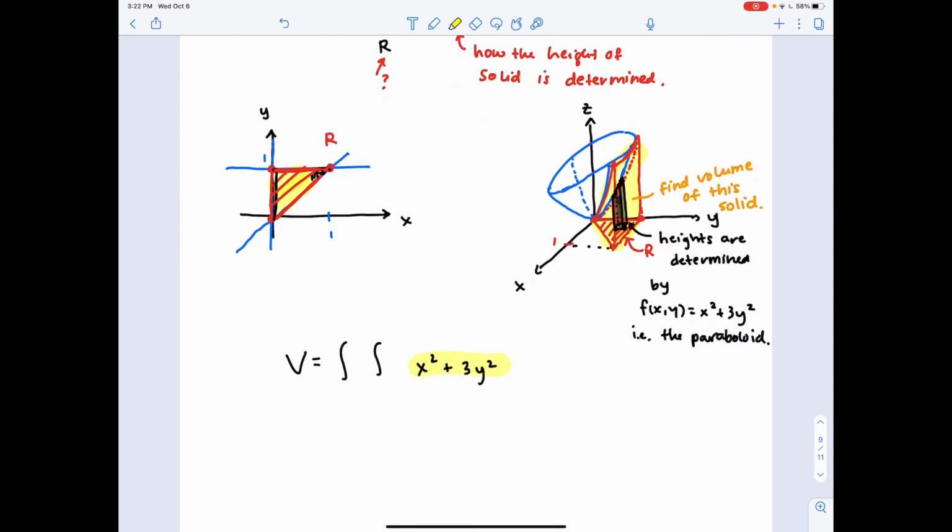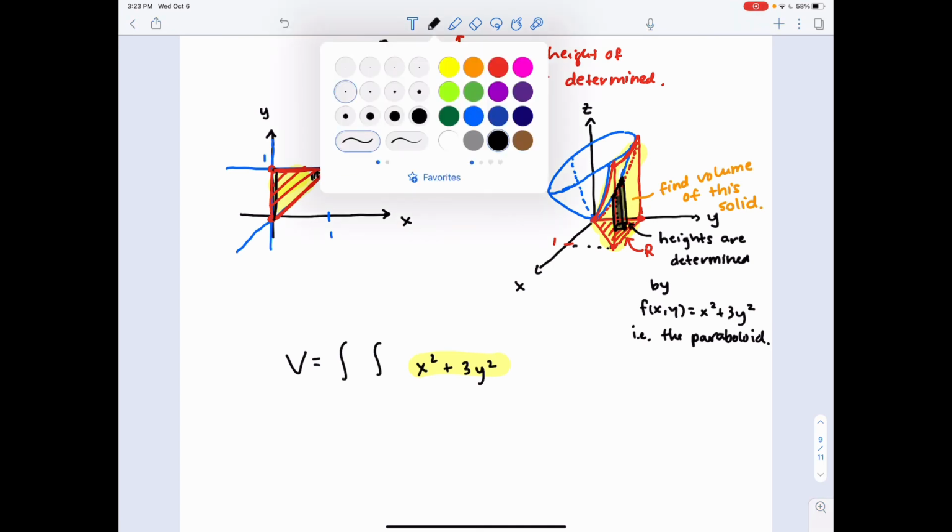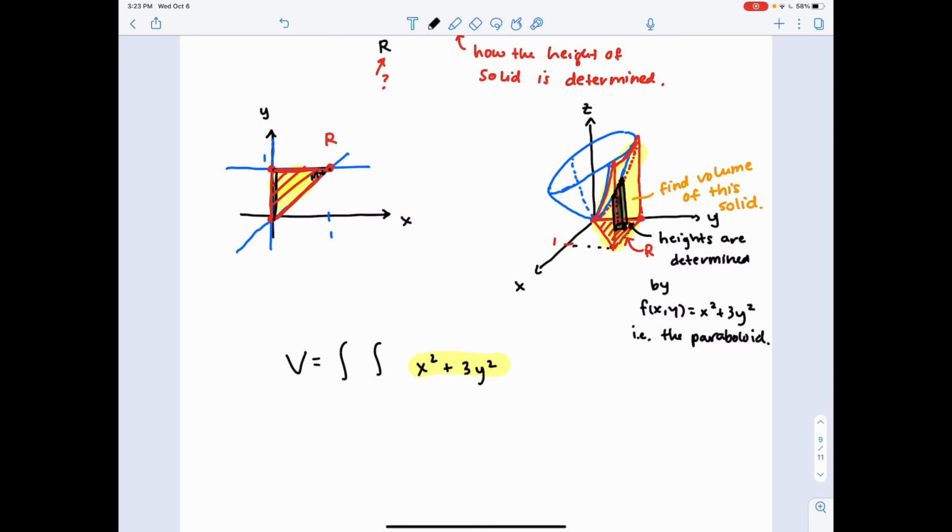But another consideration you need to make is how difficult it is to set up the region of integration or the bounds for the region of integration. For us, it doesn't matter if I put my strips in here as horizontal or vertical, because regardless of the orientation of my strip, it's going to be determined on one side uniquely by a function and on the other by a unique function as well.